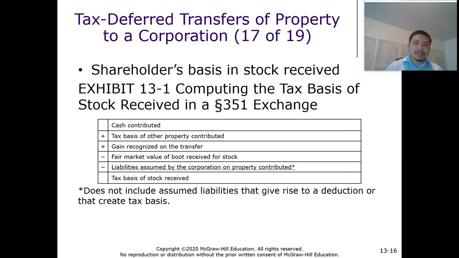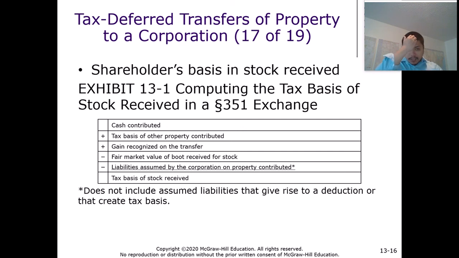So in that case, the basis of the stock can be trickier to calculate, right? Luckily there's a simplified formula that we can follow to calculate the basis in the stock, right?